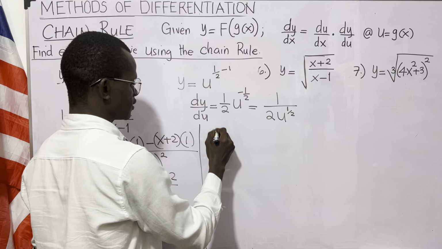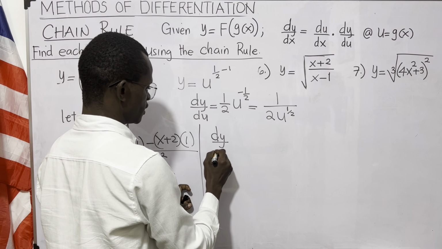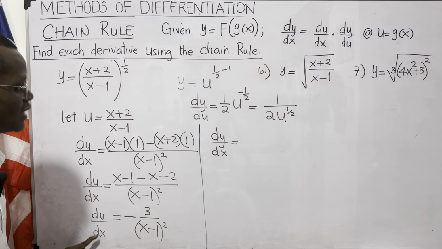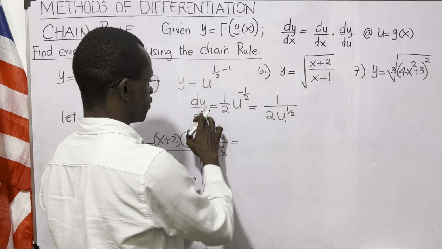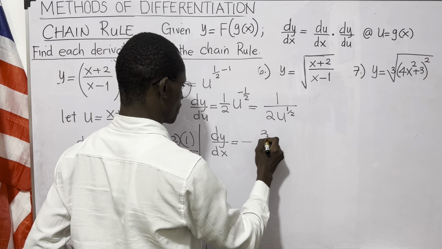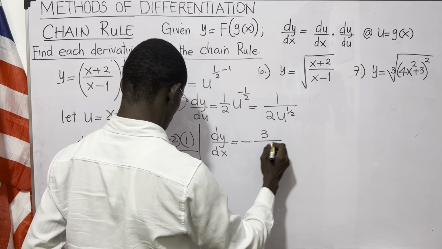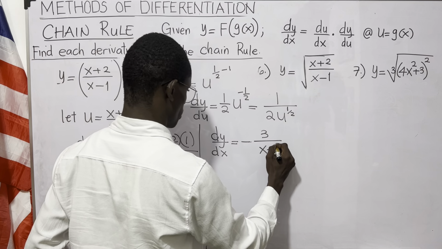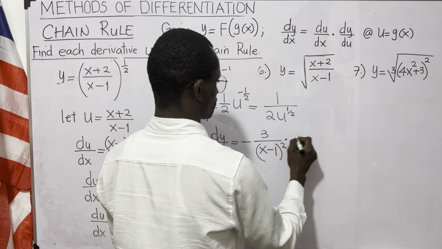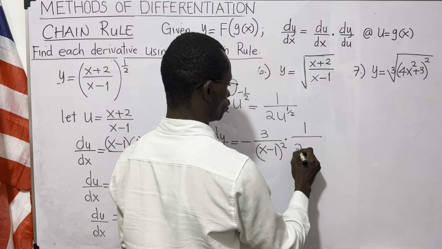So the final answer now, we have dy by dx is just equal to du by dx times dy by du. So du by dx is just negative 3 all over x minus 1 raised to the second power, and then times 1 over 2.